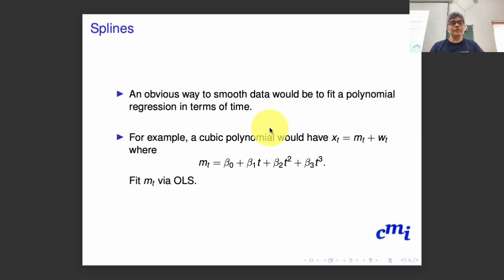Then another approach is called splines. So I'm taking a little detour, but I think this is a very useful technique before we really jump into ARMA, because these spline techniques or smoothing techniques are effectively all coming from the moving average technique, and moving average is effectively the backbone of the entire ARMA model.